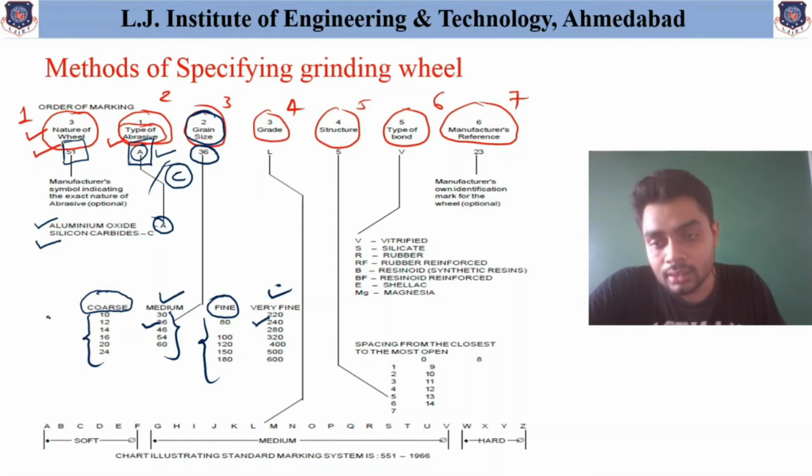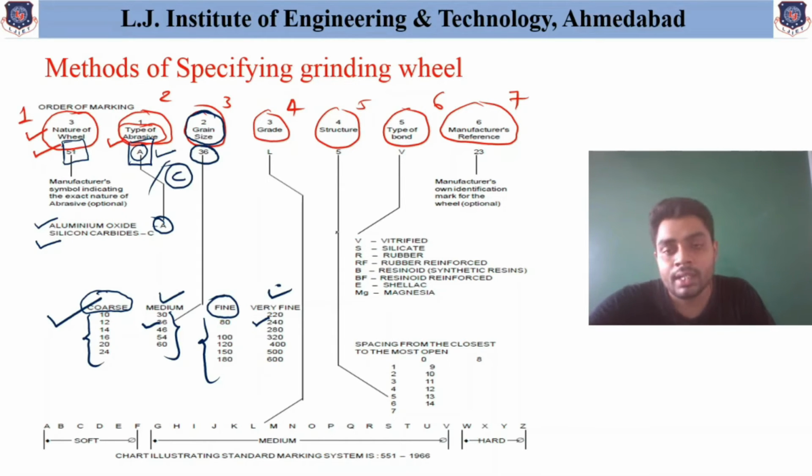So if coarse particles are used, then we can say this grinding wheel may perform a roughing operation, and if fine particles are used, then the grinding wheel may perform a finishing operation. So we can get these ideas from the grain size.